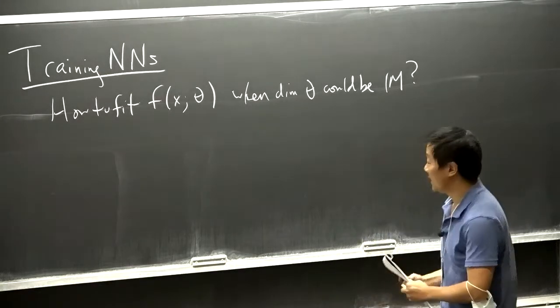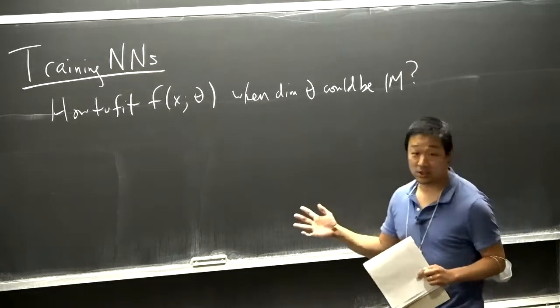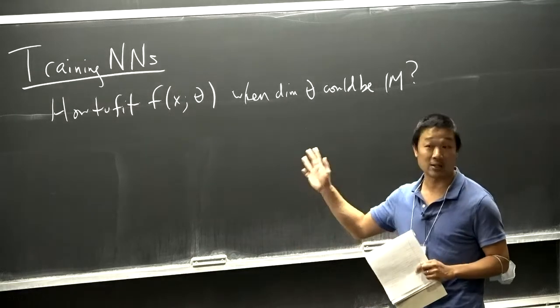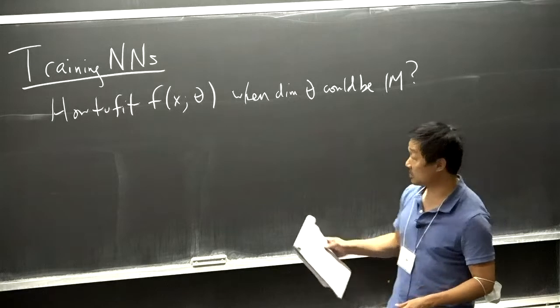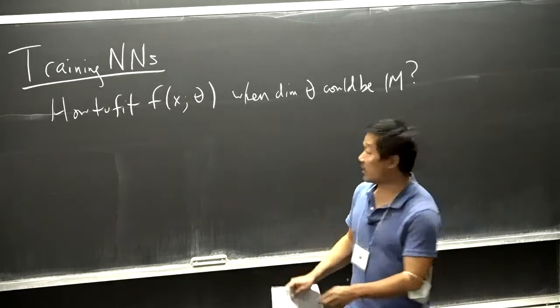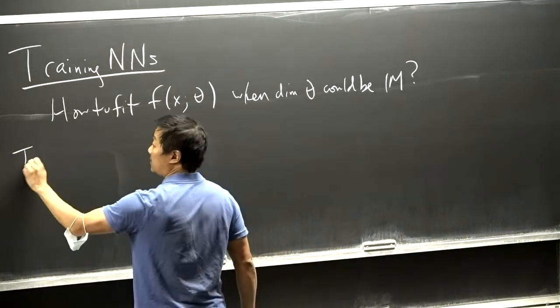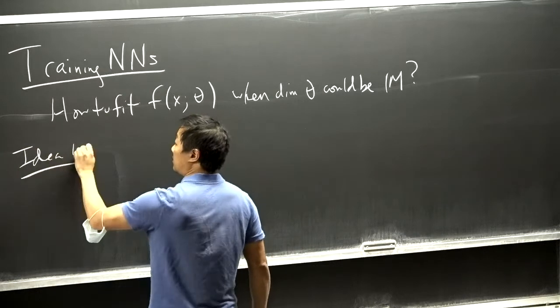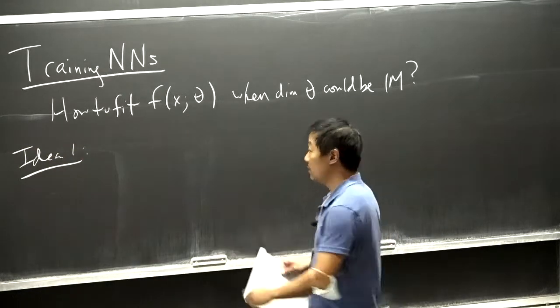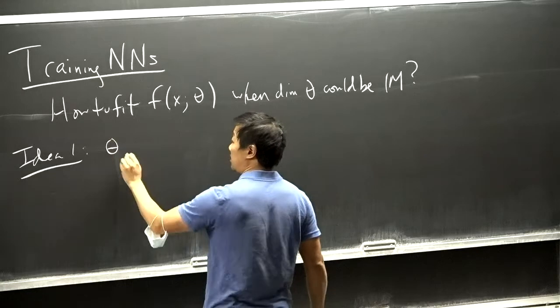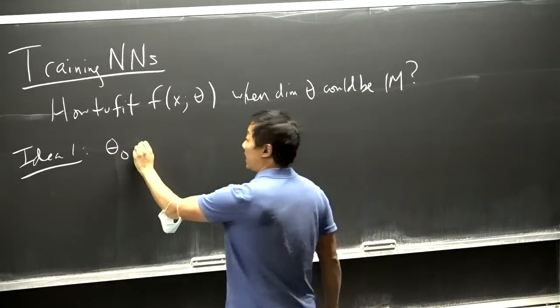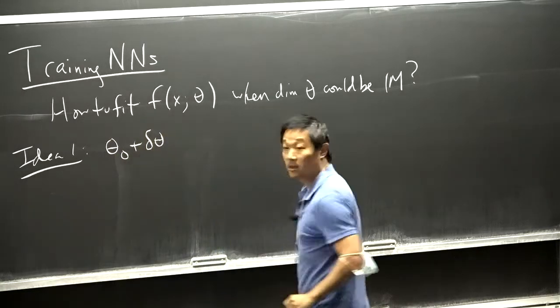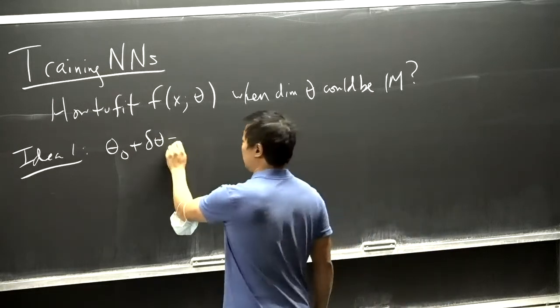If you think back to if you ever fit or minimized anything before, maybe in calculus class, there's one method which is really nice, but unfortunately doesn't work in this context, namely the Newton method. So idea one, which doesn't work, is something like the Newton method. We start with an initial guess, and we imagine perturbing around it. So let this be theta.